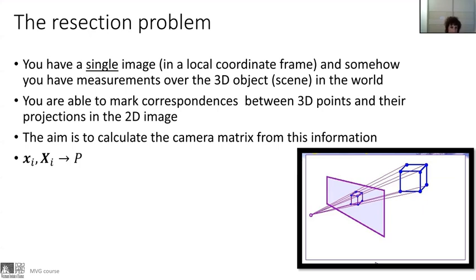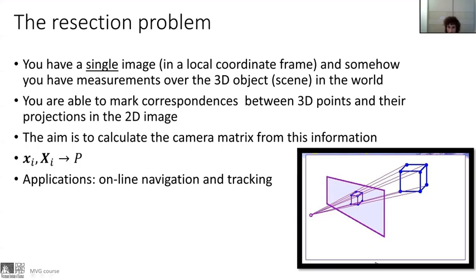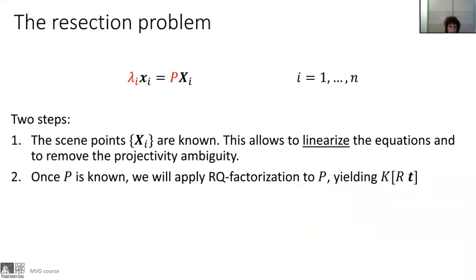Okay, very nice. Applications: online navigation, tracking, etc. In this algorithm, we have two steps. First of all, since we know the scene points, we don't have anymore the projective ambiguity that we had before, because we cannot change the location of the points.